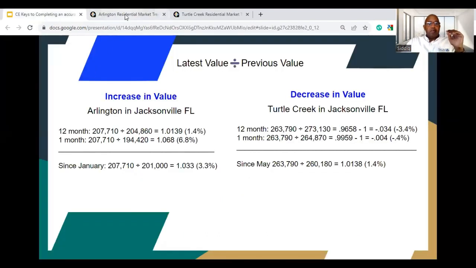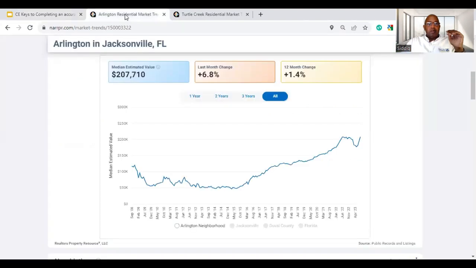So the 12 month in Arlington, take a look at the latest value, 207,710. That's that number right here. This is the latest value. And then when I go back to August, to the previous value, 204,860.